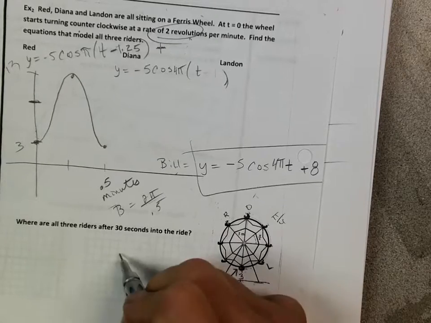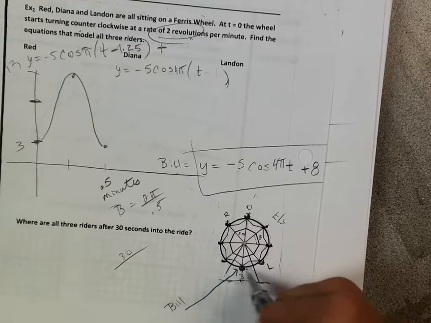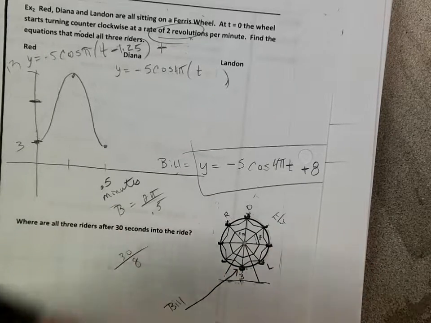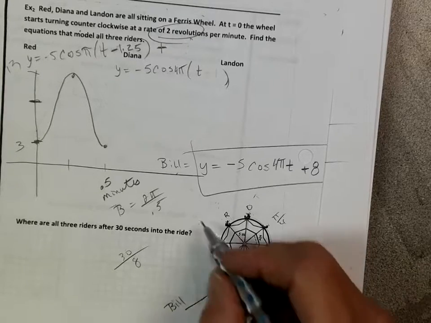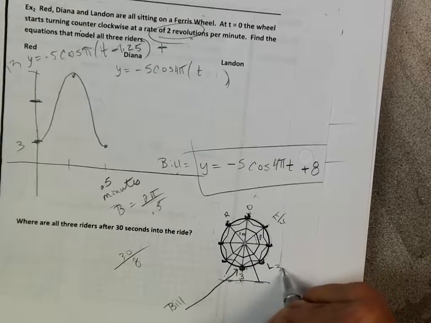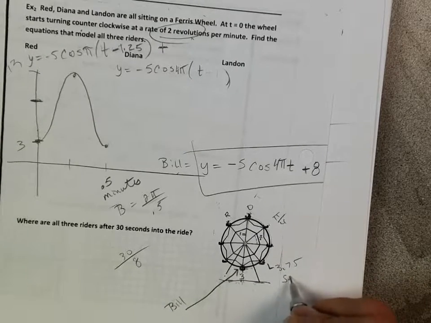So take my 30 seconds and divide it up into 1, 2, 3, 4, 5, 6, 7, 8 parts, right? What's 30 divided by 8? 30 divided by 8. Have I lost you? 3.75. 3.75 seconds, right? To here.